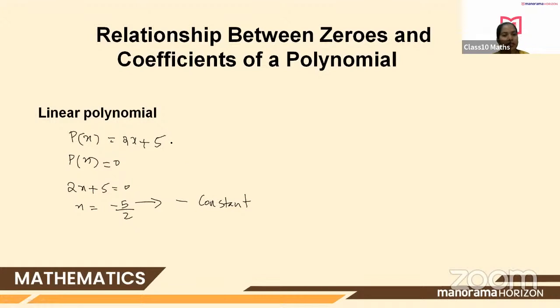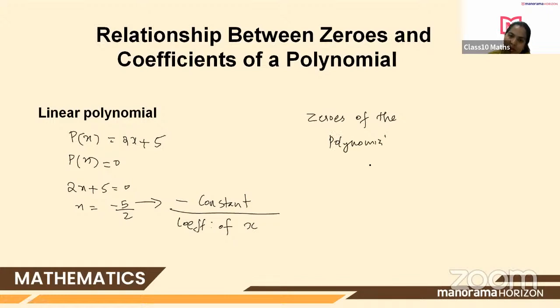5 is the constant in this equation, right? And 2 is the coefficient of x. So minus constant by coefficient of x is the zero of the polynomial. So here the zero of the linear polynomial is equal to what?